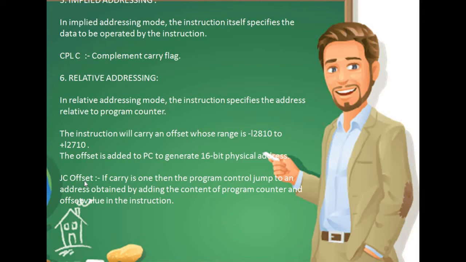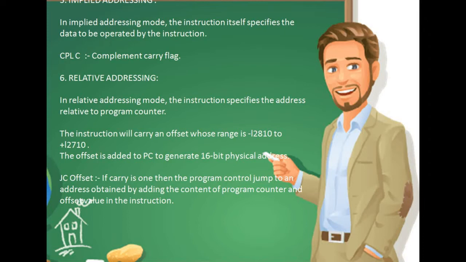Here, JC offset, jump if carry, is one of the program control instructions, which jumps to an address obtained by adding the contents of the program counter and the offset value in the instruction. Here we are adding the program counter and the offset value in order to obtain the data which is stored in the memory locations.